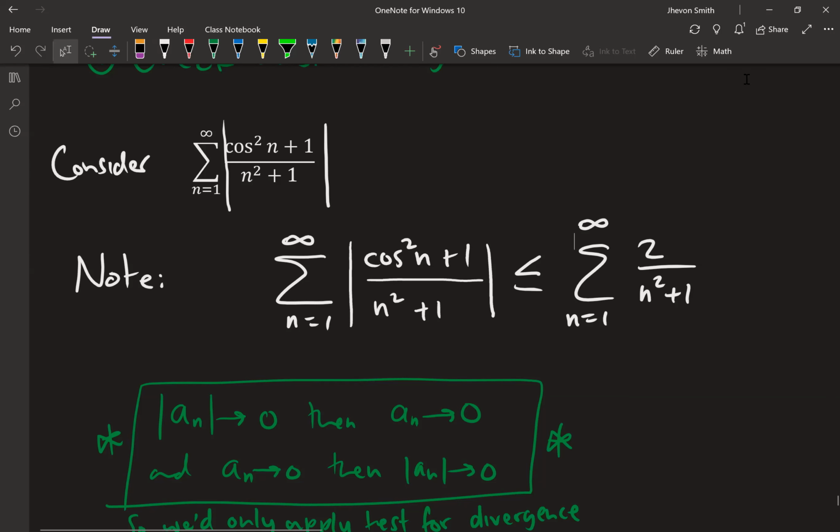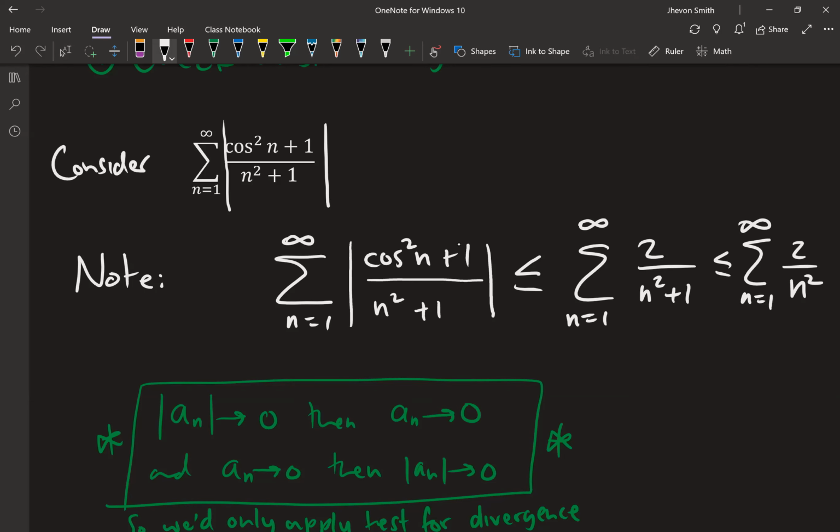Because the biggest the numerator can be is going to be 2. That occurs when the cosine is the biggest it can be, which is 1. So I see a trig function, I see absolute values. What is the biggest that can be? Well, it's 1, and so the 1 plus 1 will give me 2. On top of that, I can go even further. This is going to be less than or equal to this by making the denominator smaller.